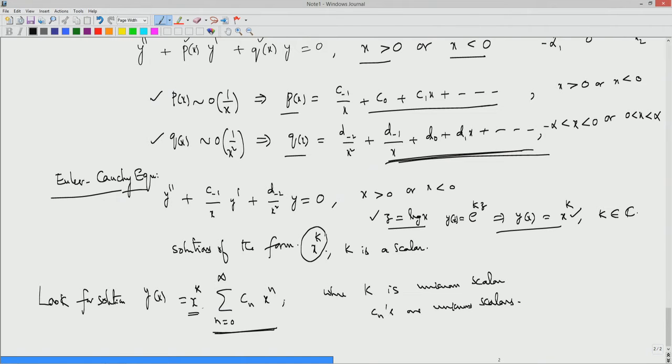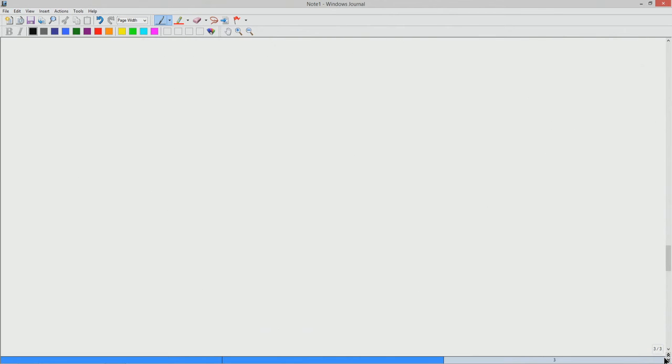So, what we did is we brought out this singular part as x power k, and then you multiply it by a power series solution. So, this is on par with the Euler-Cauchy equation. There you take x power k, some constant, that is how you look for solutions for the homogeneous equation. Because this works, if you take it in this form, it works. That is called the Frobenius method. We will demonstrate it with an example.